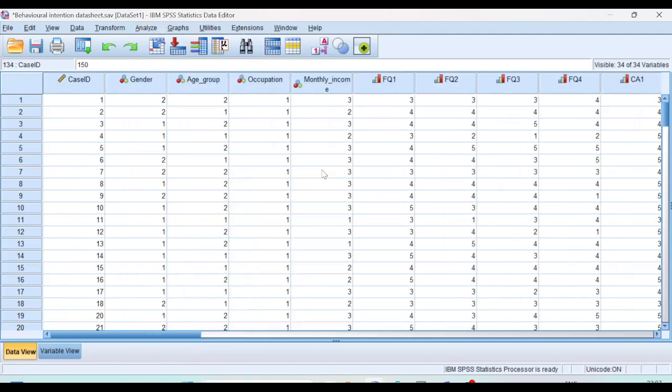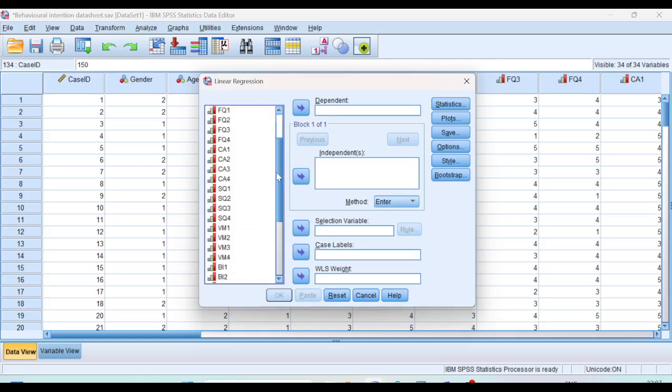regression, linear, and here we'll enter our dependent variable, which is the mean of behavioral intention. I told you in the previous videos how to calculate the mean of behavioral intention by the transform function, computing the variable through the indicators of BI.